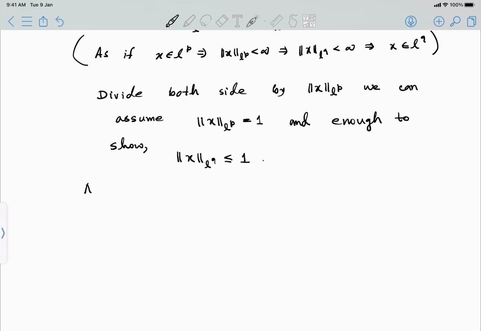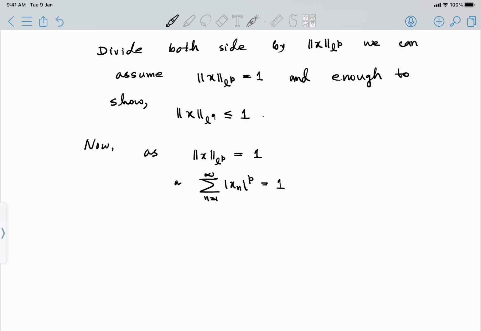So now, as the ℓp norm of x is 1, which means the sum over n from 1 to infinity of |xn|^p is 1.